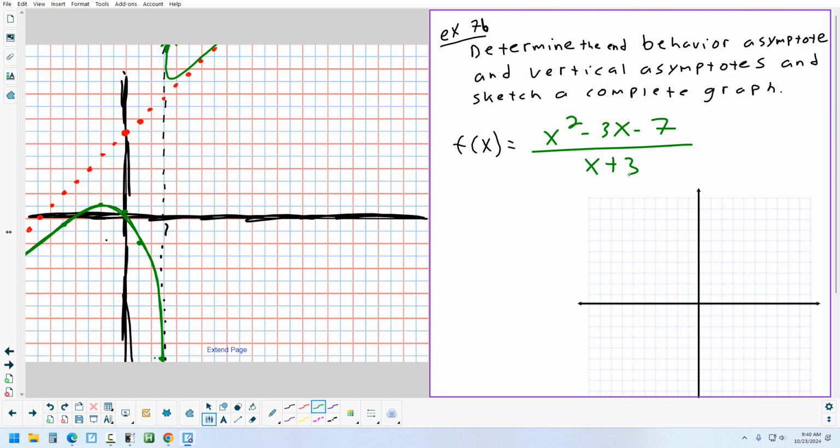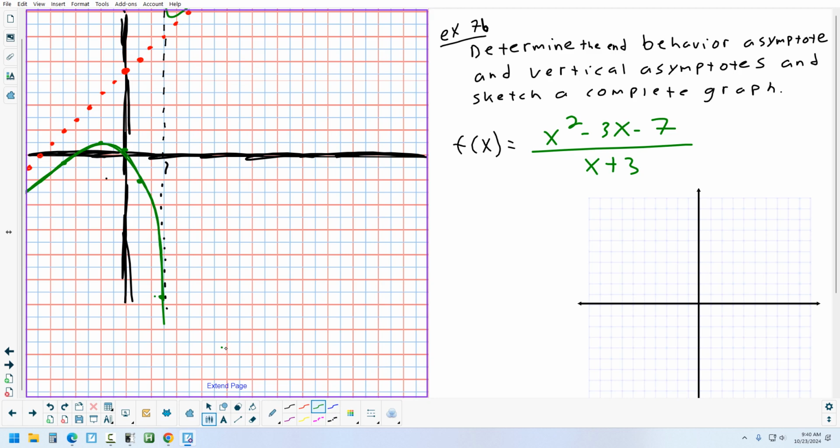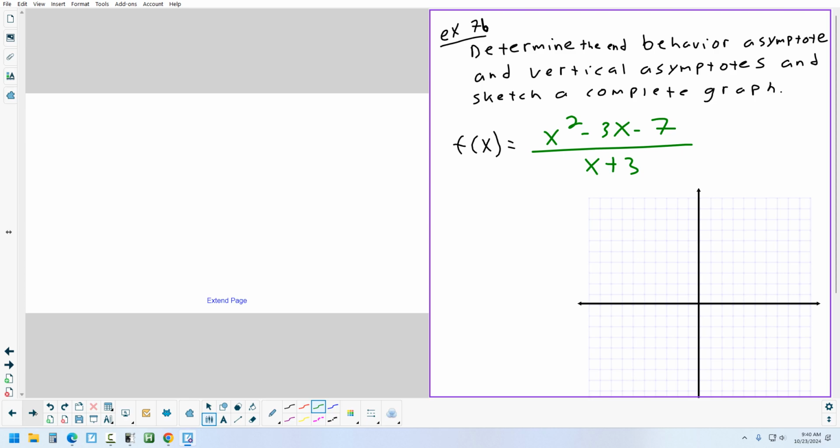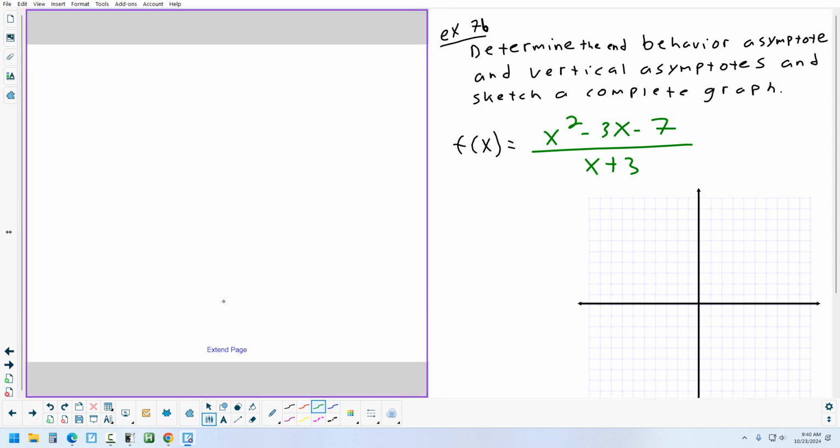Okay, so determine the end behavior asymptote, the vertical asymptote, and make a sketch. Okay. Let's try vertical asymptotes first. When you write a vertical asymptote, it always starts out with what letter?